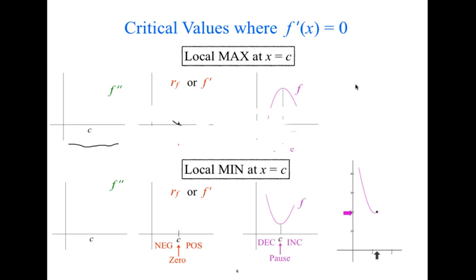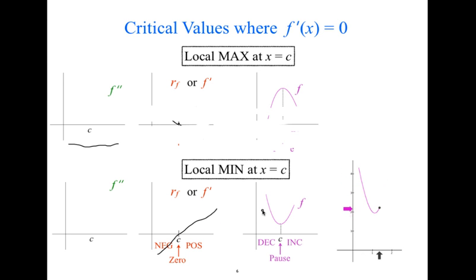So what will that look like? I can imagine two types of diagonal lines, like this one or this one. From negative to positive, something like this. This is what the derivative will look like at a local min.